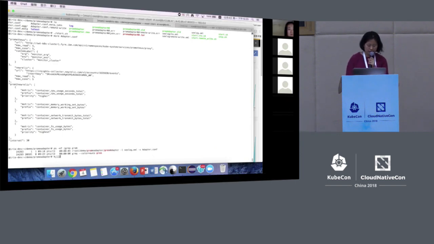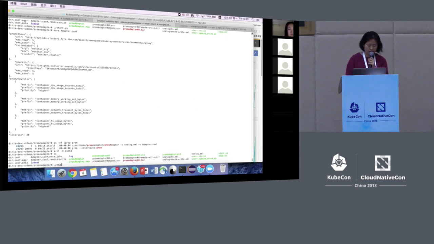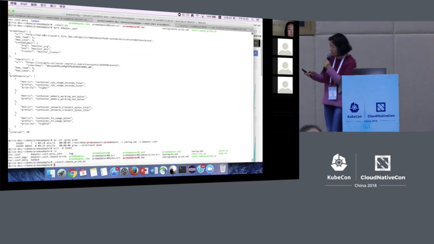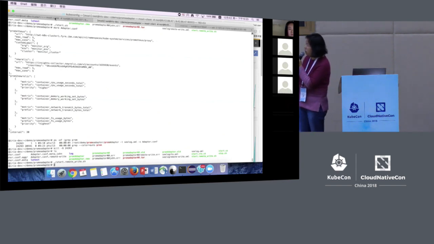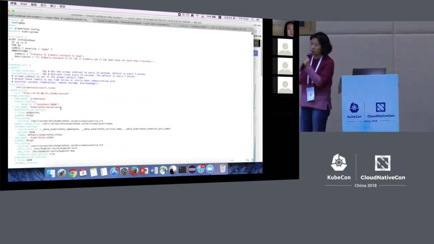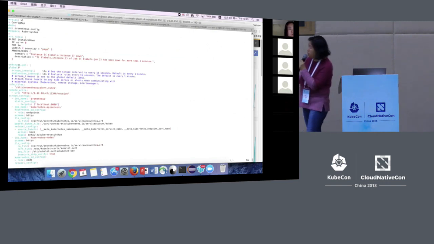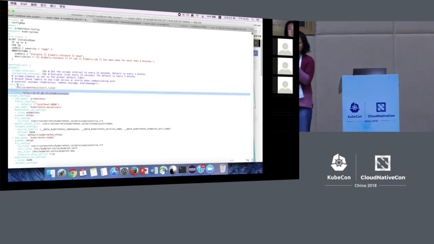This is the solution of remote write. This is the config script. My fellow speakers have shared with us about how to config this. This is Prometheus.